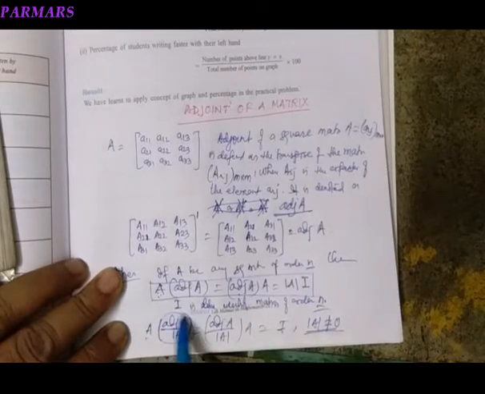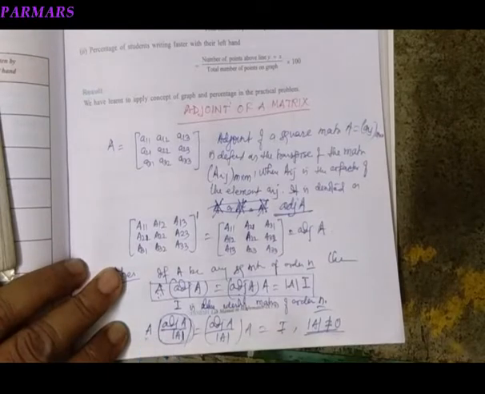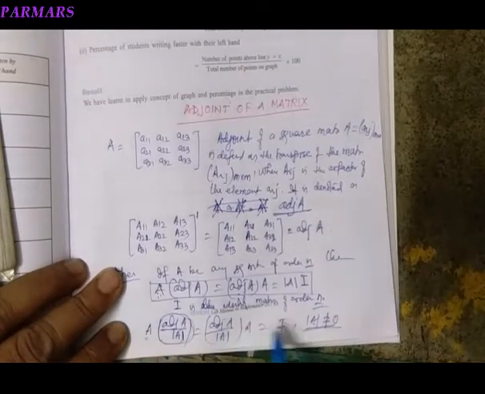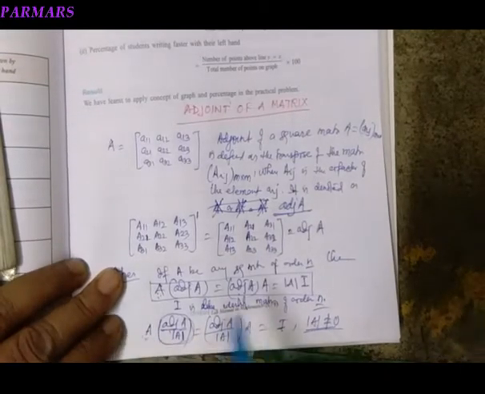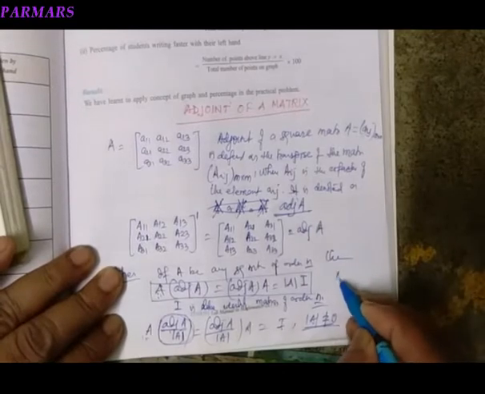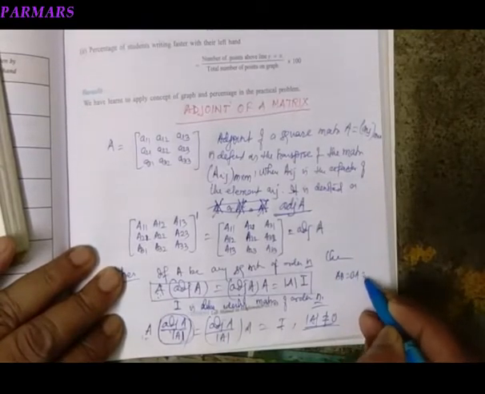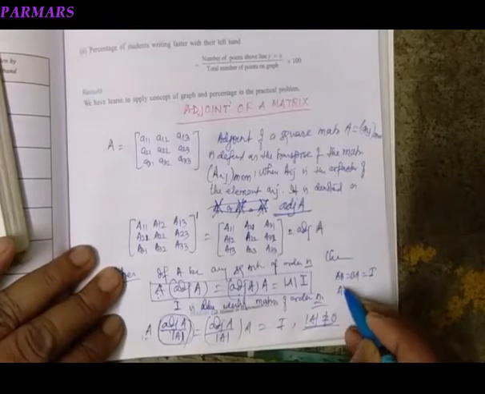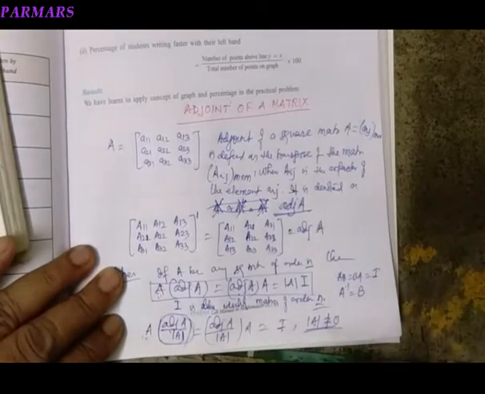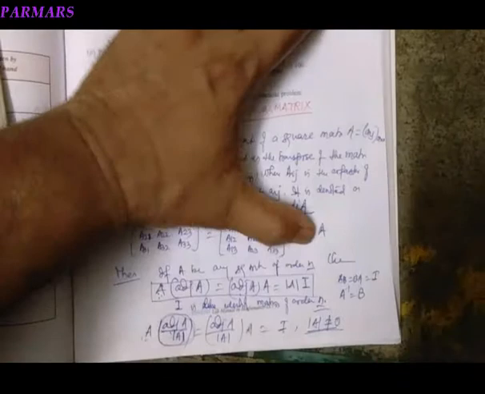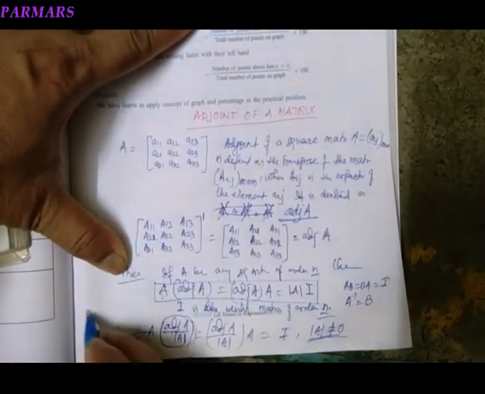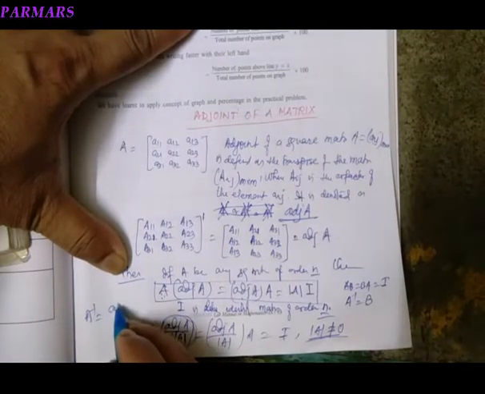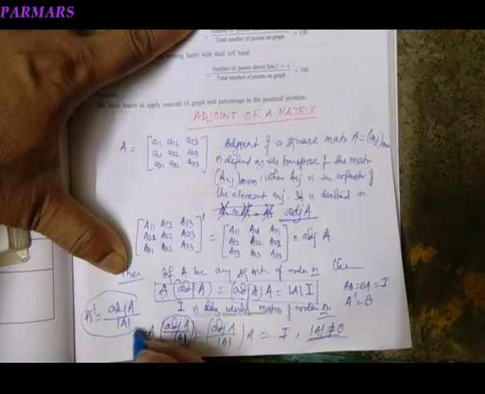Suppose we are taking this as B. So A into B is equal to B into A is equal to I. Then B is the inverse of A. So using the concept AB equal to BA equal to I, A inverse is said to be B. तो यहाँ से क्या हम कह सकते हैं कि A inverse is adjoint of A by its determinant. Mind it, this is a very important formula.